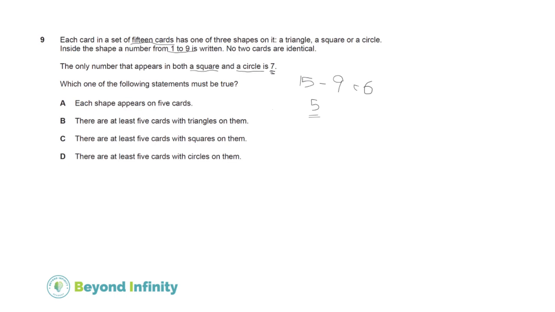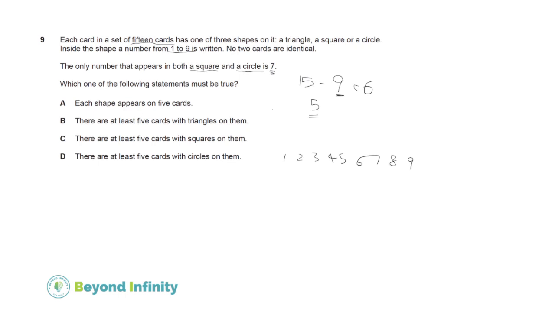Now, there are no constraints in terms of the squares and the circles. So for these first 9 cards, it could be all squares or all circles, right? So if we write that down, 1, 2, 3, 4, 5, 6, 7, 8, and 9, all right?